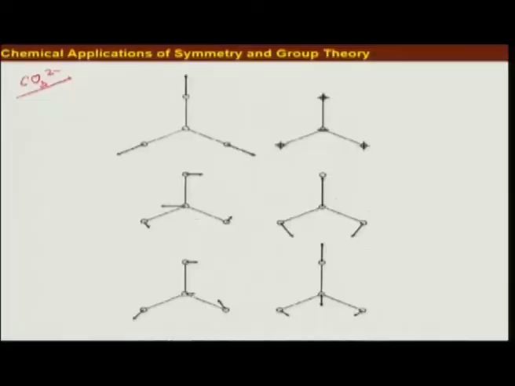Using that formula, for the carbonate ion, which we are taking as a planar molecule, the number of normal modes is 6, and we drew all 6 normal modes of vibration.